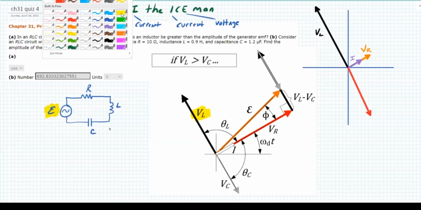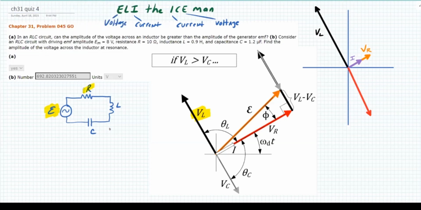So I'm referring to the voltage drop across the resistor, across the inductor, and now across the capacitor. Let me fix this a little bit. That's good. Eli the Iceman says that that's a 90-degree angle. And that's a 90-degree angle.